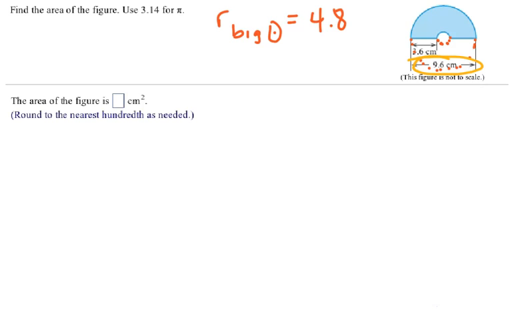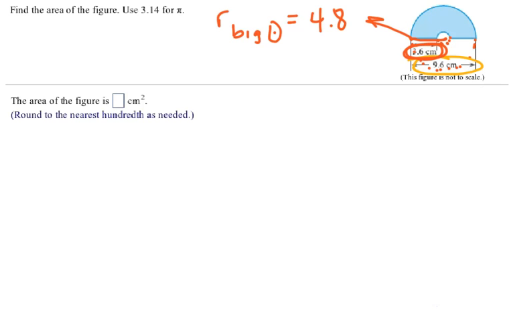I also need to find the radius of the small circle, but that's a little bit more involved. So we know from the center to the outside is 4.8 because that's what we just found. And we know that this is 3.6 right here.